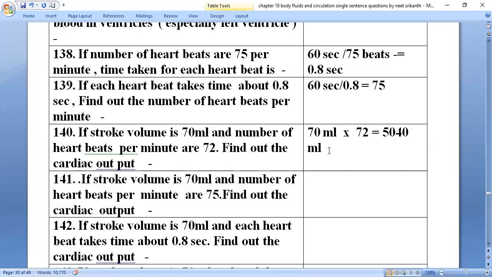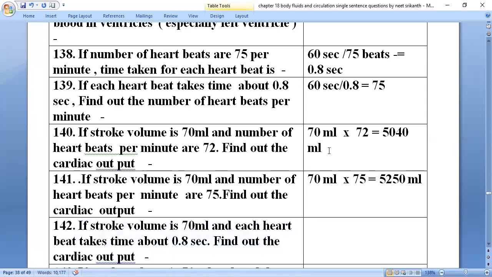If stroke volume is 70 ml and the number of heartbeats per minute is 75, what is the principle? Cardiac output equals stroke volume times number of heartbeats per minute. 75 beats is given, so 5250 ml.